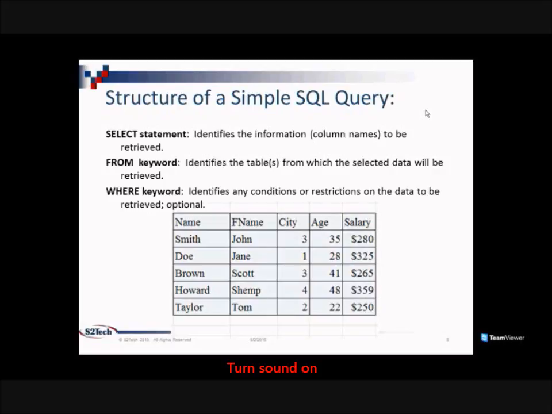And again, just like we use column names in the select statement, we need to use the exact table name in the from keyword. Every database table in the data warehouse has a unique table name. In this case, I didn't put a table name in the example, but we could call this just example table. That might be the name of this table. So my from keyword would identify that I'm pulling in the name, the F name, the city, the age, and the salary from the example table.